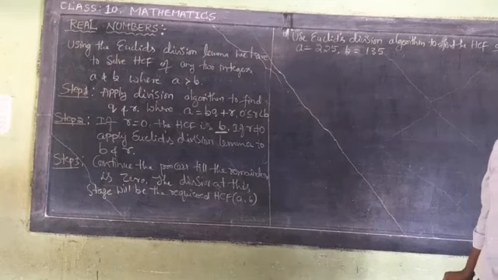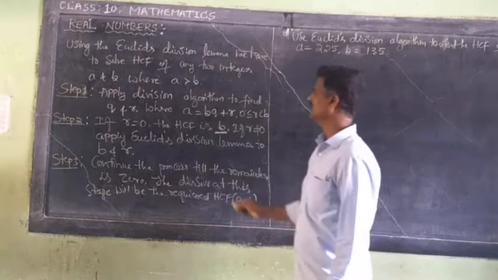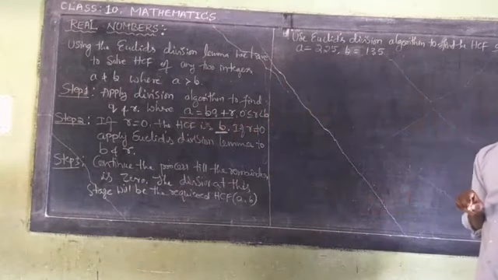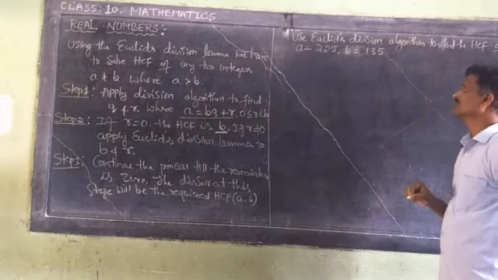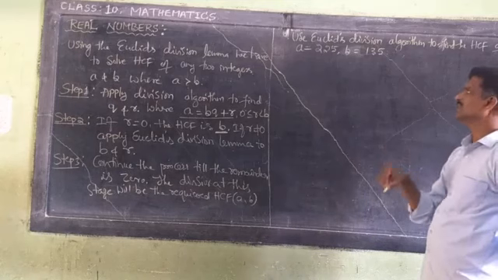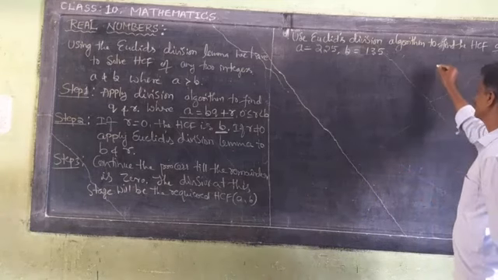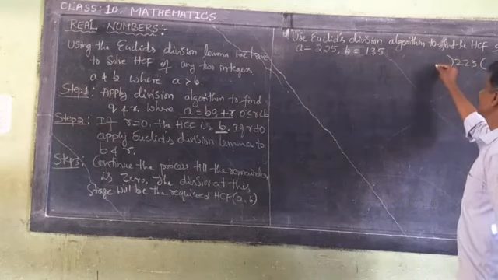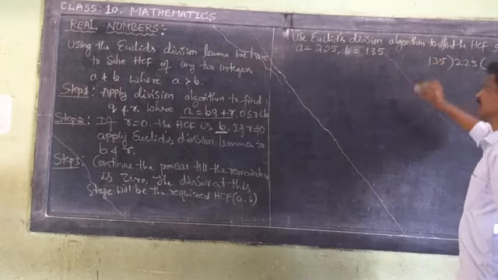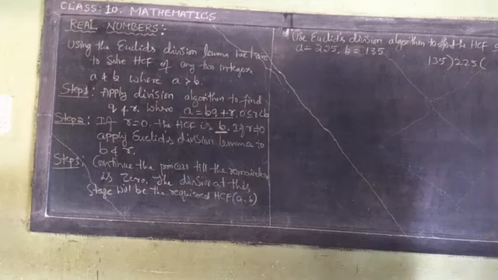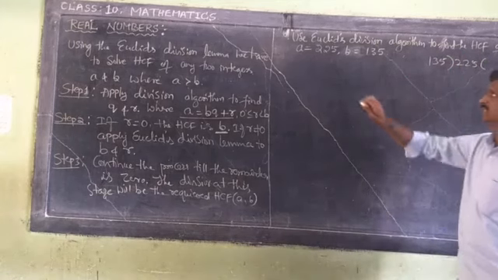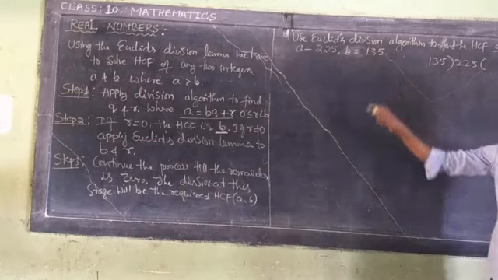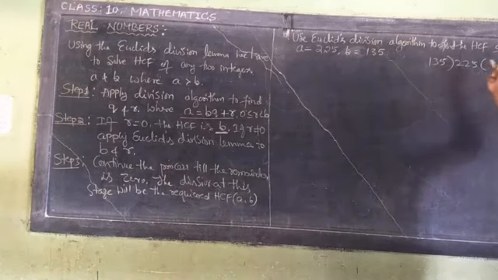Now we can apply the Euclid division algorithm, A is equal to BQ plus R. For that we divide the greater number by the smaller number. So 225 is divided by 135. Here 225 is the dividend and 135 is the divisor. So you can take the division process here.